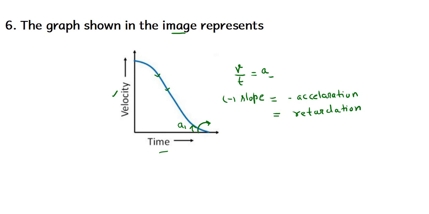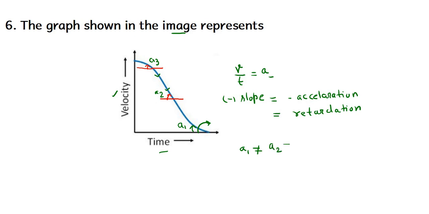We can find different retardation at different points. As we draw a line parallel to time axis at different points, we can find the different slope at each point. And if this slope at each point is unequal, that means object has non-uniform motion. If the slopes are equal each time, that gives the idea that object has uniform motion.